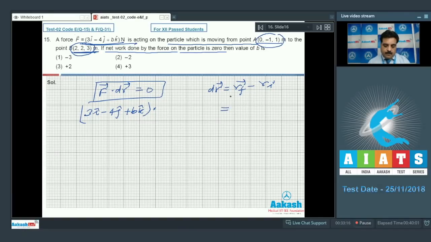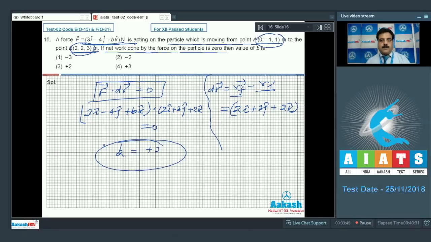So when you place the values of final and initial position, you will get 2i cap, 3j cap, and 2k cap. So here it will be 2i plus 3j plus 2k, and that is equal to 0. When you take the dot product, i dot i is 1, j dot j is 1, k dot k is 1, you will get the value of b is plus 3. So this is how you can solve. So my option number 4 will be the right choice. So let's move on to question number 16.